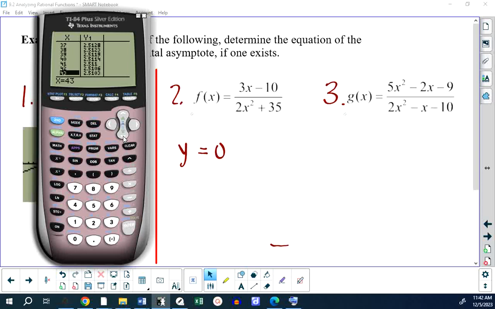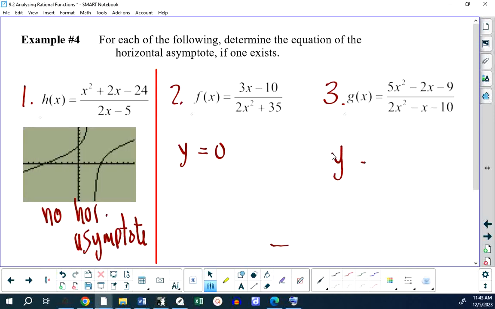It's slowing down. You could sit here all day and scroll down, and you would discover that even at some point it might say 2.5 in your table, it will be a number bigger than 2.5. So y equals 2.5.